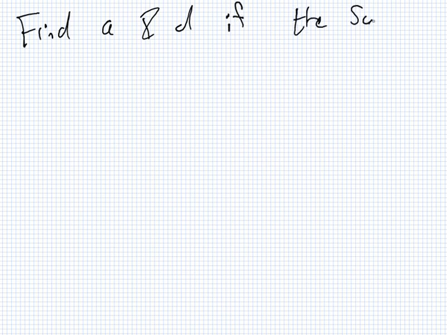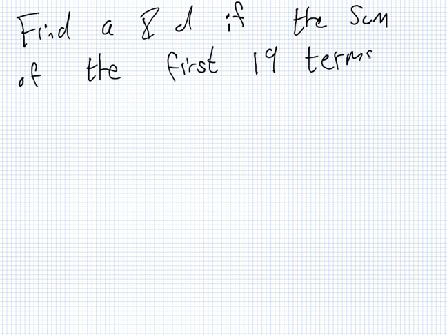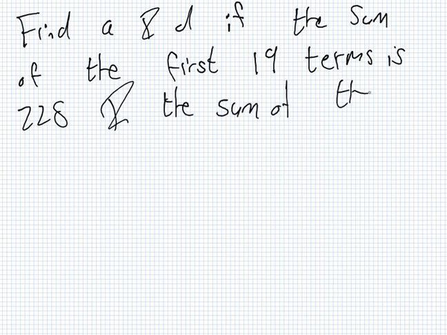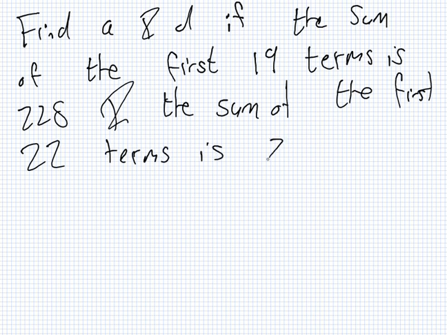So for this one, find a and d if the sum of the first 19 terms is 228 and the sum of the first 22 terms is 297.